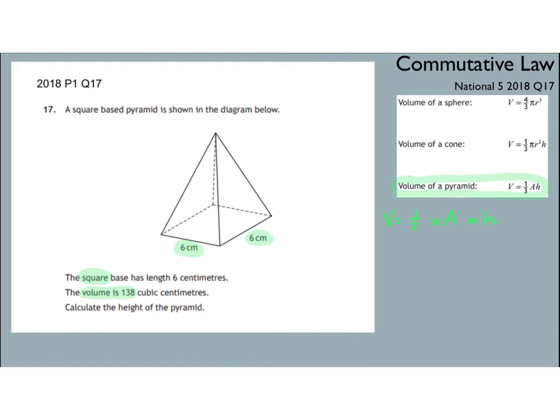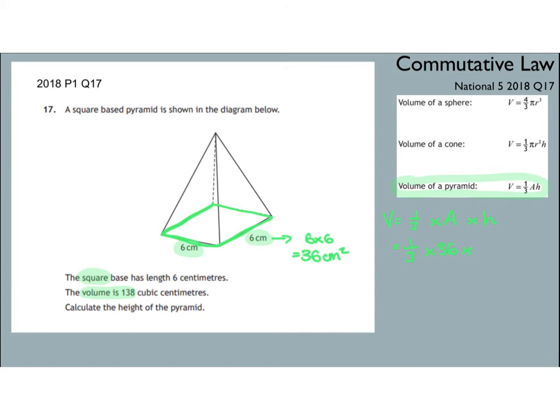The A for area is the area of the base. Now the base here is a 6x6 square. A 6x6 square gives us an area of 36, square centimetres, but it's 36. So 1/3 times 36 times, what's the height?